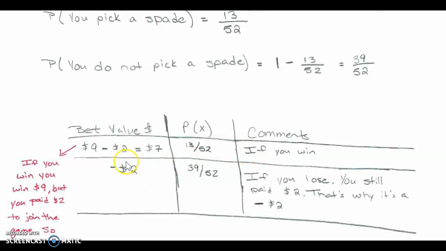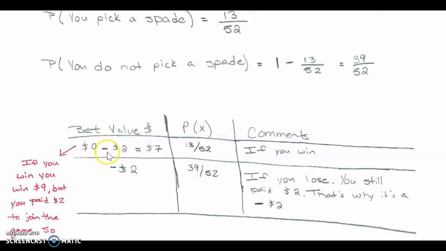But what if you don't win? You're still out $2. You still had to pay that $2. And the probability of not picking a spade is 39 over 52. So you're more likely to not pick a spade. If you lose, you still have to pay that $2. You'll notice I put a negative in front of it because you're at a loss. You've paid that $2, you don't get it back. So we put a negative in front to recognize that.